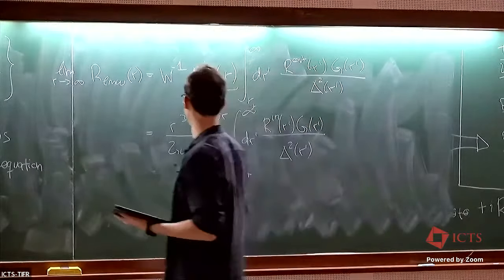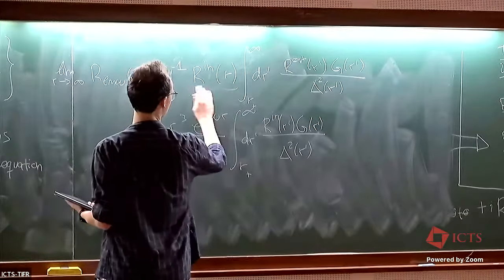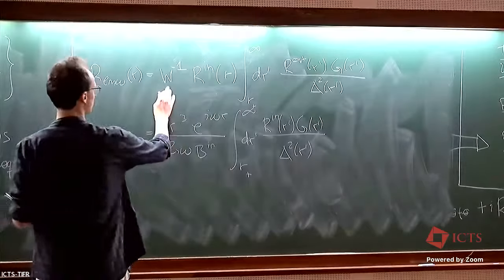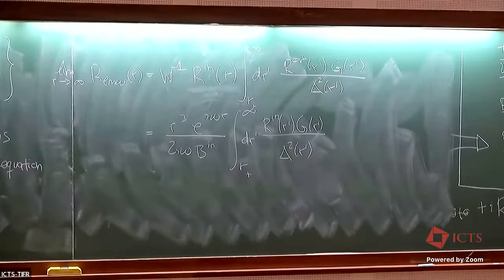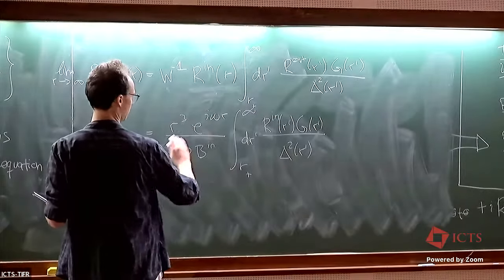Okay. So what happened here is basically I simplified the R in as well as the Wronskian by just plugging in the homogeneous solutions. And then noting that the homogeneous solution that satisfies the ingoing boundary conditions on the horizon at large distances basically has this particular form.